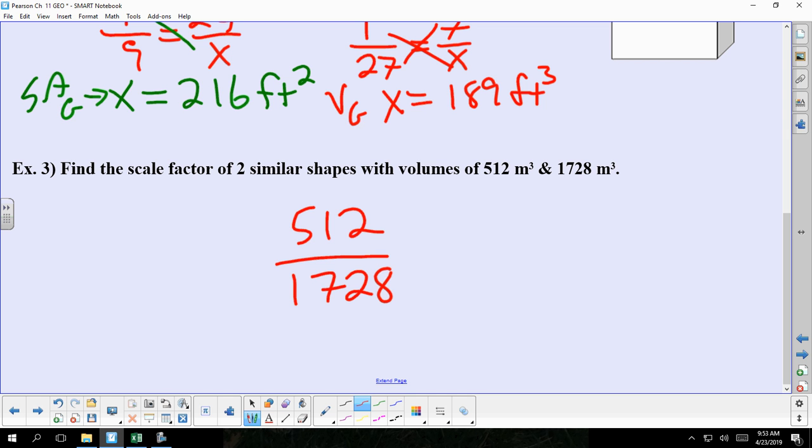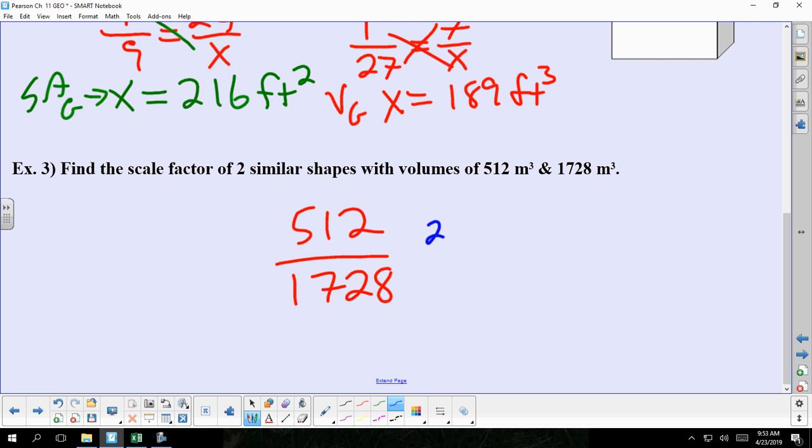Remembering our divisibility rules, is this divisible by 2? 512 divided by 2 is 256.